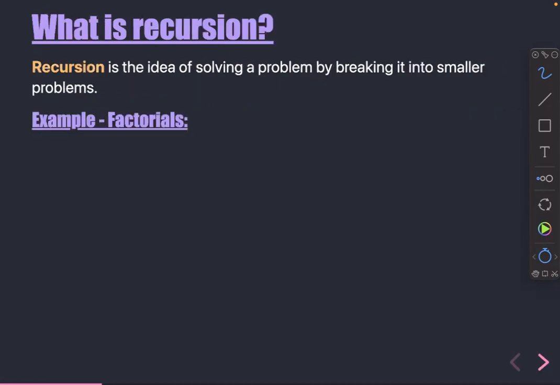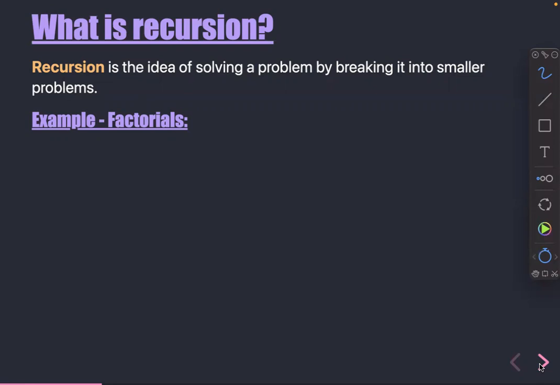So what is recursion? This is something you might have seen previously in a coding class, but recursion is basically the idea of solving a problem by breaking it into smaller problems. The example I usually give to start us off in recursion is factorials.